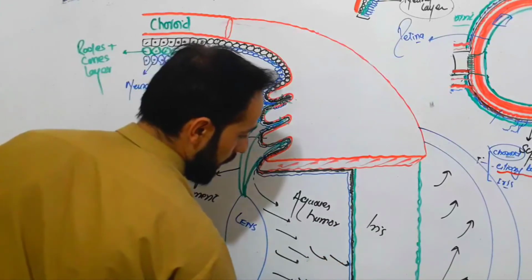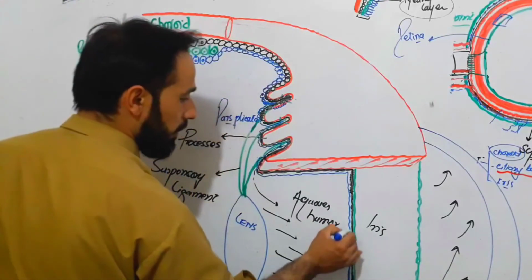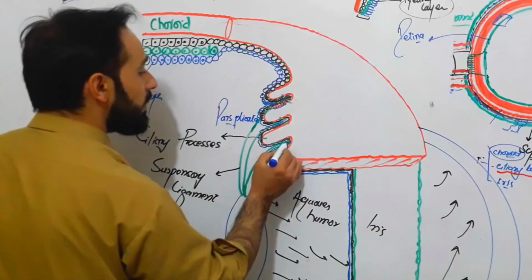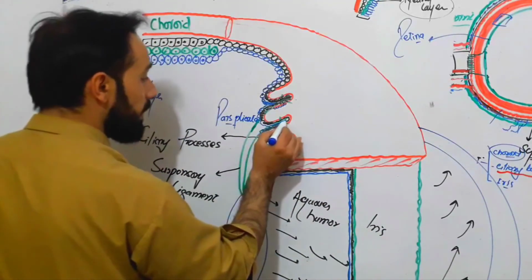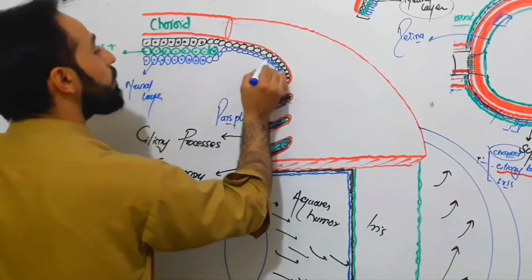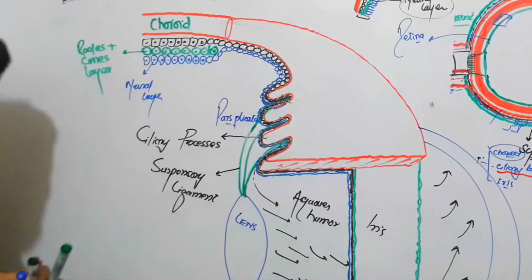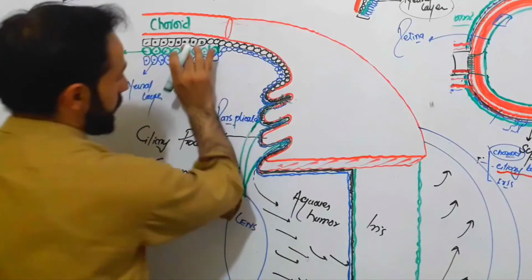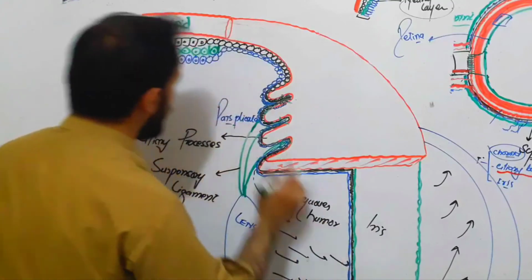So we see that the two layers which are part of the retina will continue further forward up to the iris, right? So look here, what has vanished and is not going further forward?